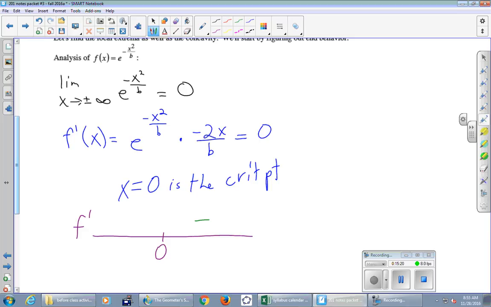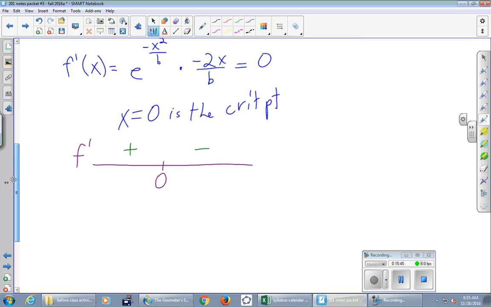Okay, now we're going to pick something to the left of 0, -1. What do we think about e? Always positive. How about the numerator here when x is -1? That's positive, divided by a positive number b, positive. And so now we can make our conclusions here.